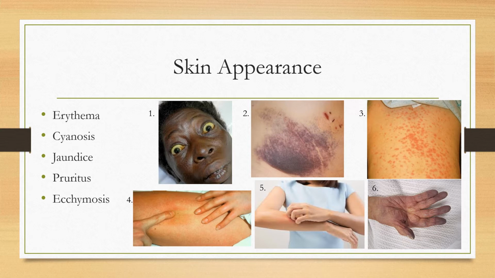The redness is coming from inflammation, but the blood is still in the blood vessels. Non-blanchable rashes, like in image 2, that ecchymosis or petechiae, they're not going to blanch. The blood is in the tissue. Okay, so you're not going to get rid of it by pressing it. Okay.